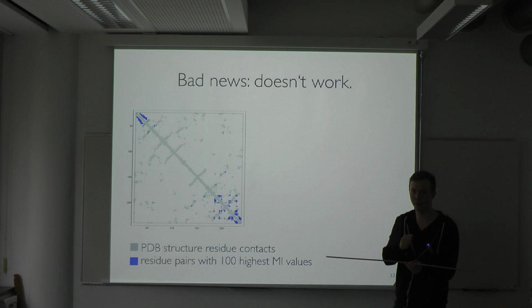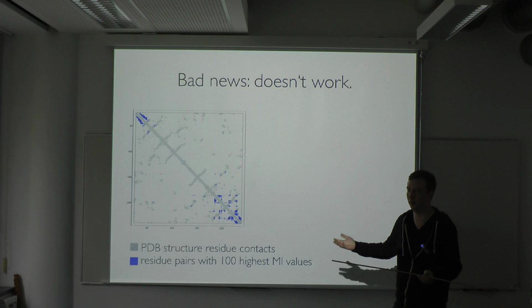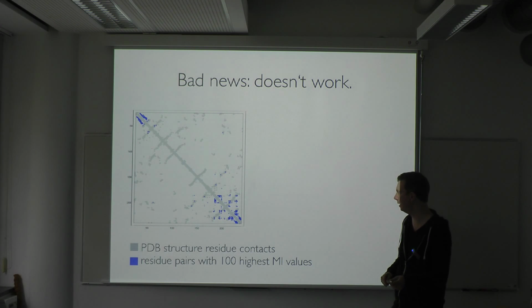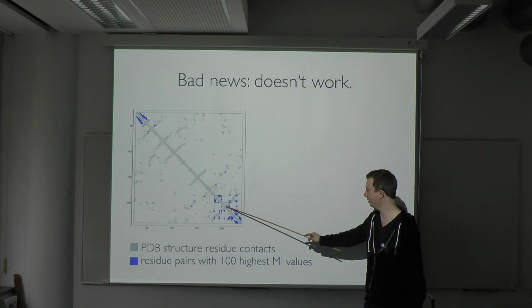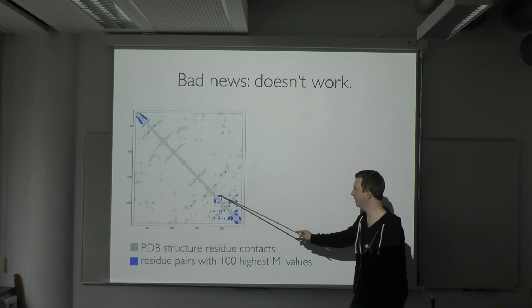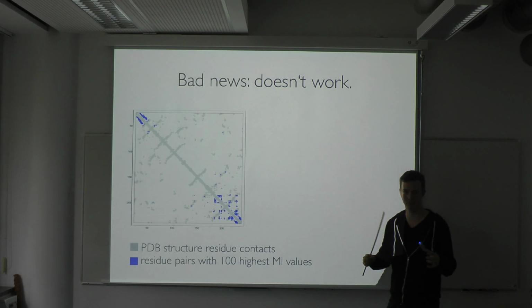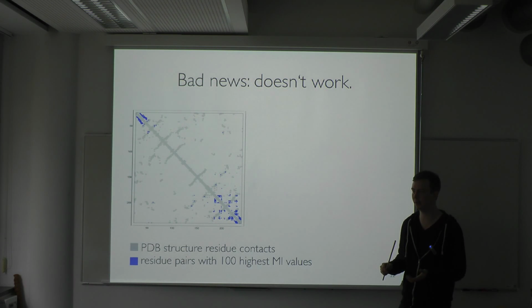Because it's along the chain, these residues are in contact almost by definition, at least the ones that are right next to each other. And because they're next to each other, you would actually also expect blue dots that run along here, because you would expect that neighbors in the sequence, because they are close, also correlate or co-evolve over the course of evolution.